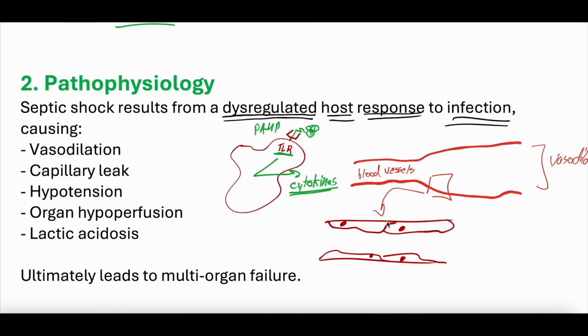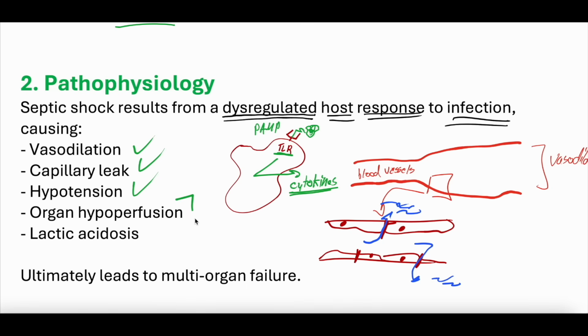So these endothelial cells start to create openings within the blood vessel wall that allow fluid and cells and molecules to leak out of the blood vessels into the interstitium. And that's increased capillary permeability, or capillary leakage. So you get vasodilation, capillary leakage, hypotension.